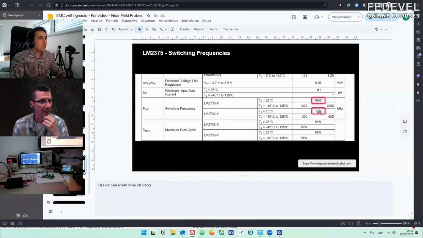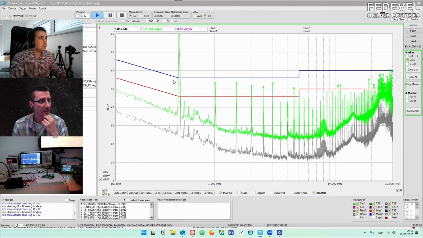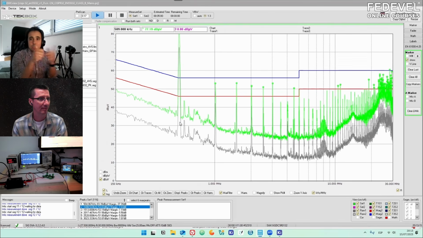Yeah, 520. And so here we see the harmonics. Yes, indeed, and so everything is correlated. It's the main switching frequency, with what we were measuring with the near field probes and what we are measuring now with the conducted emissions.